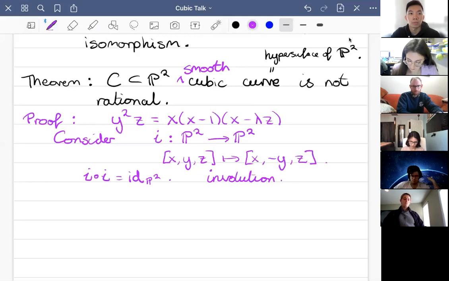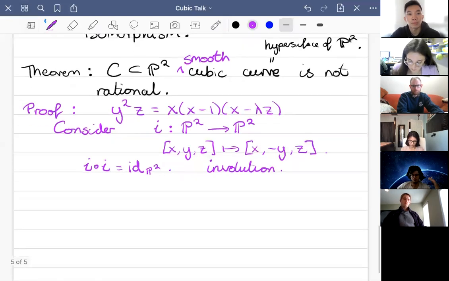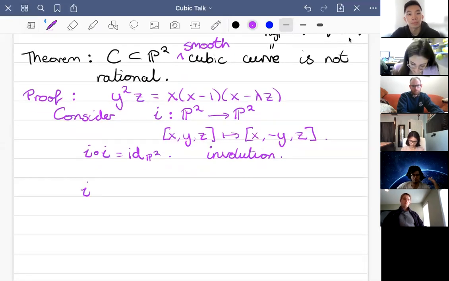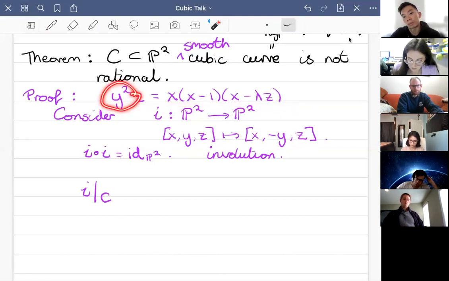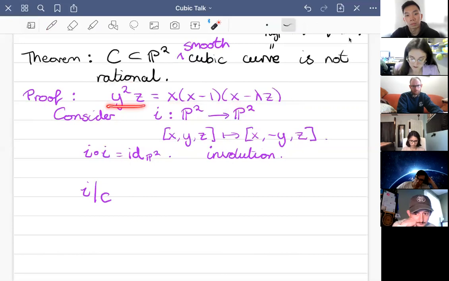But one thing we can see, because this map is only affecting my y coordinate, is that I can look at its restriction to my cubic curve. So I can look at I restricted to C. And from the equation, because my y only appears with a square, it's going to preserve my equation. So this involution is going to descend to a map from C to itself.